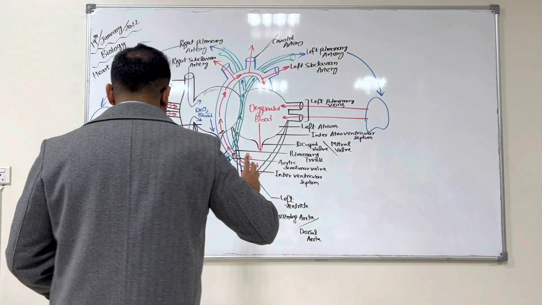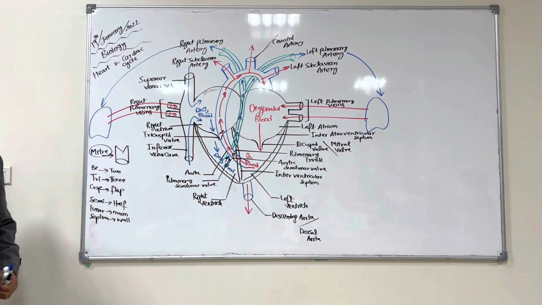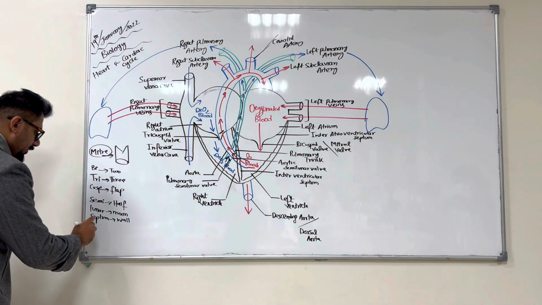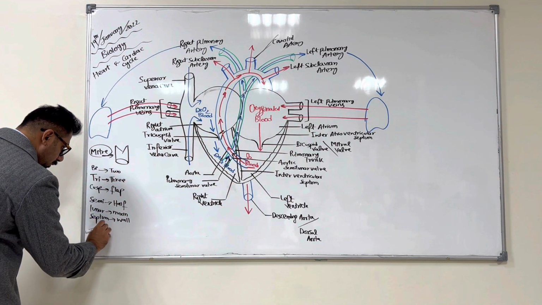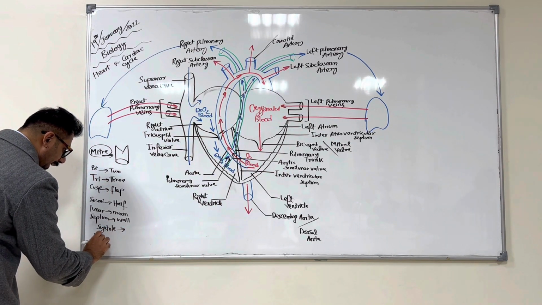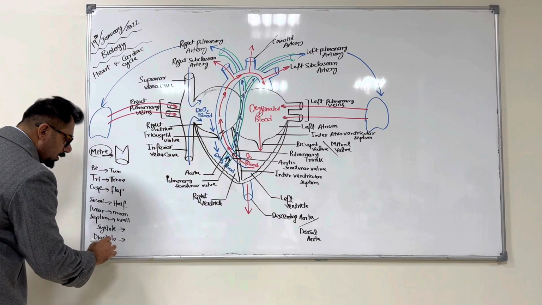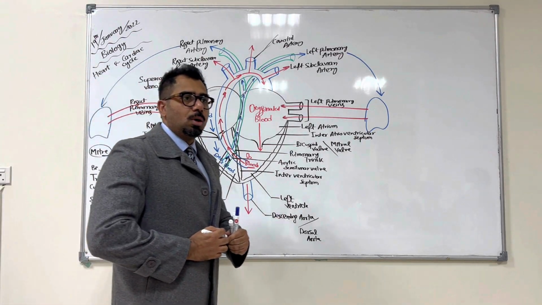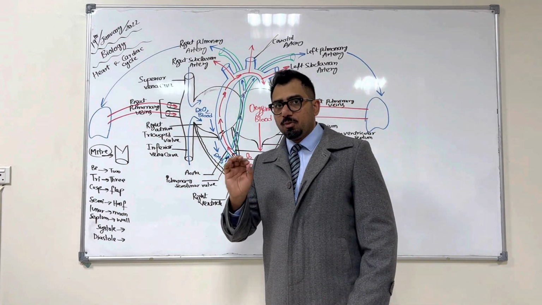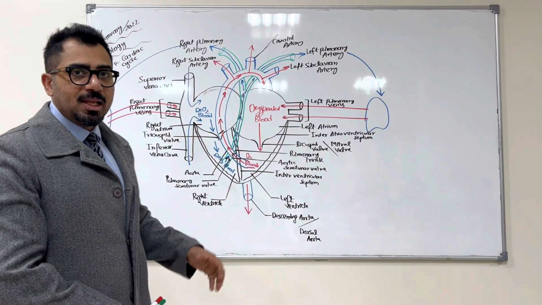Now here there are two terminologies which we need to remember. One terminology is systole and the other terminology is diastole. People pronounce it wrongly. What is the correct pronunciation?